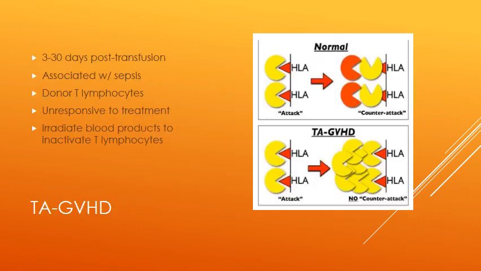And then we have transfusion-associated graft versus host disease. We definitely have to know about this. This is very rare, but unfortunately, it is highly lethal. It's associated with a 90% fatality rate when it occurs. Remember, we said that this is a delayed response. Any component that we give is going to have some white cells from the donor. Well, those white cells are active.